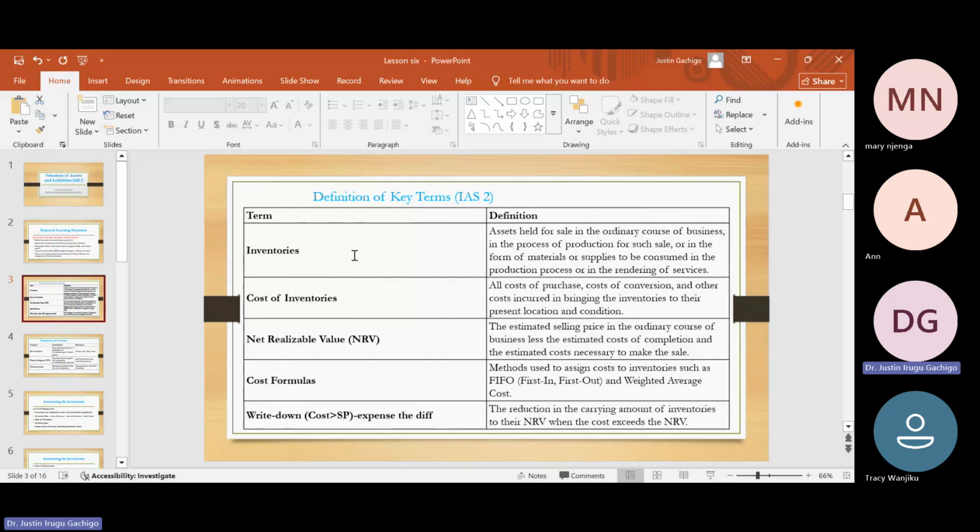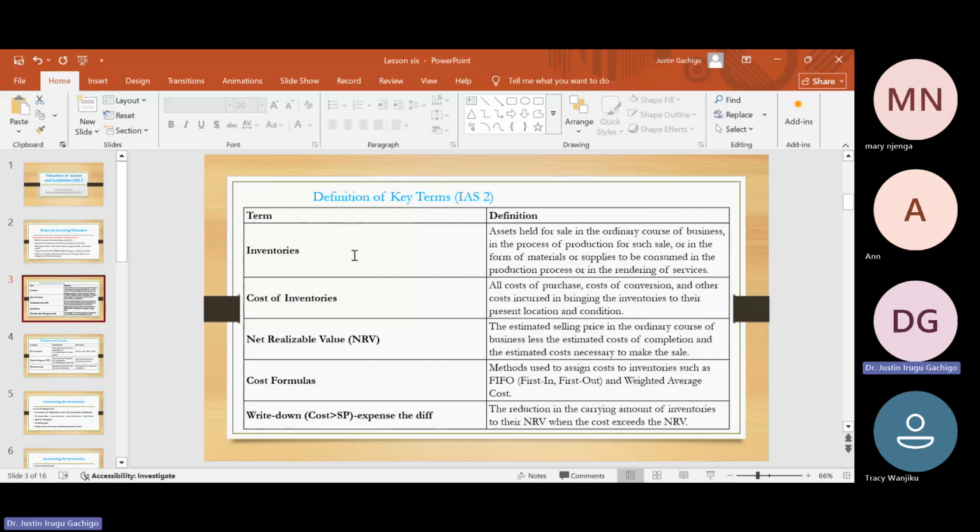Then we have the write down. So this write down is the reduction in the carrying amount of inventory to the NRV when the cost exceeds the NRV. So we can have a situation when the cost is more than the selling price, and when this happens, we normally say we write down, and we look at the impairment of assets, where we saw that the asset cost exceeds the selling price.